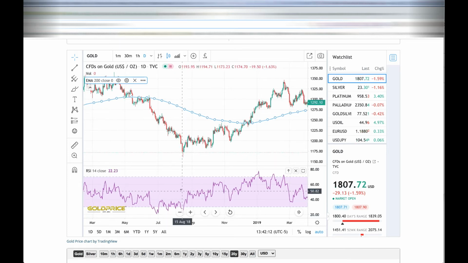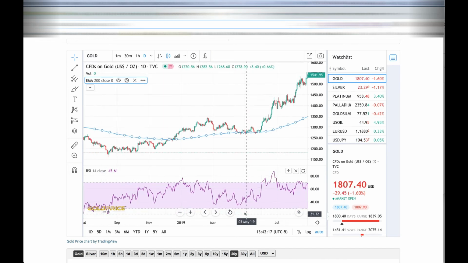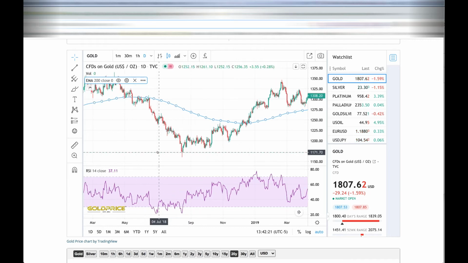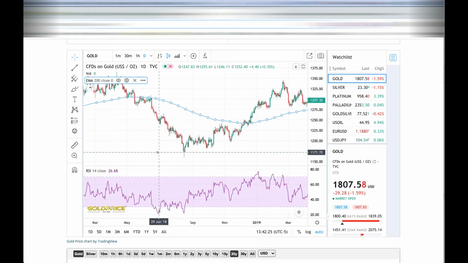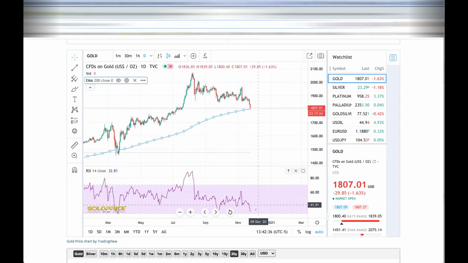It has not crossed the lower 30 level since then. If you have a massive crash and it goes to such levels, it's a great buying opportunity. If we see over the next few days the RSI crosses down way below the 30 level, I would say that's a very good buying opportunity.